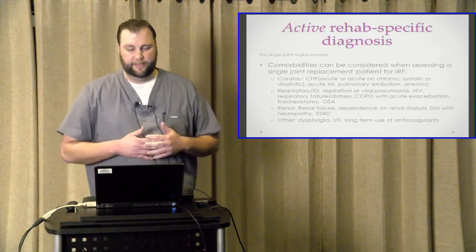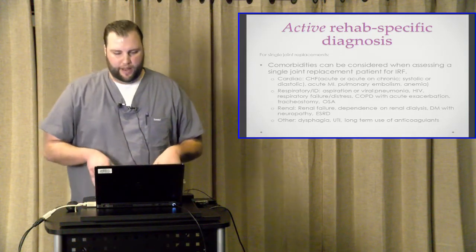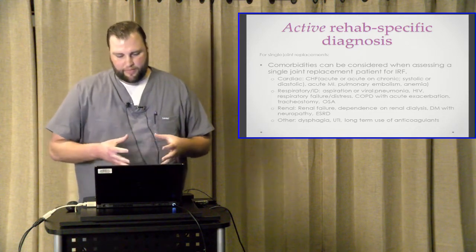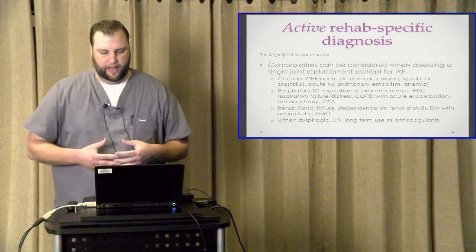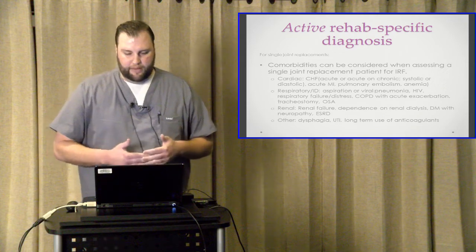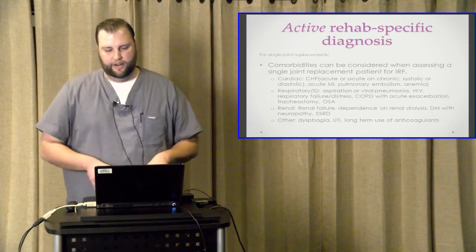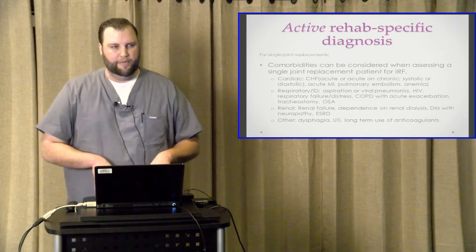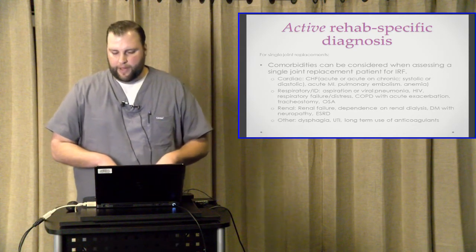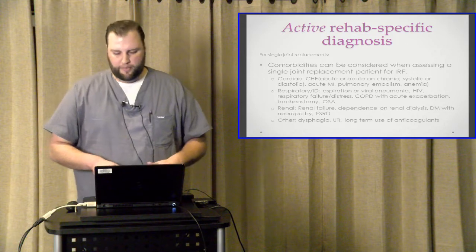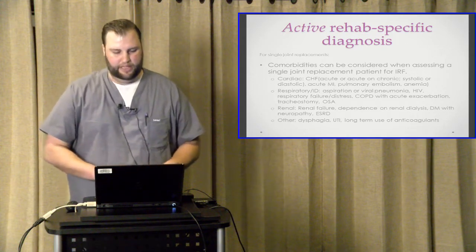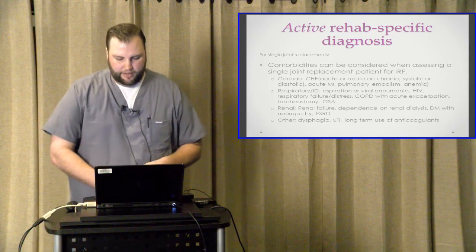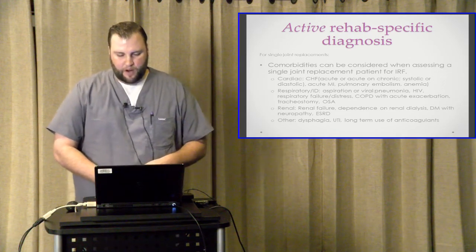For the patients who have had single joint replacements, the way we get them in the door is that we have to define a certain level of medical complexity to justify having the patient admitted, because part of the admission criteria is that they're going to be followed daily by at least a rehab provider, and we usually get hospitalist consults on pretty much all of our patients to help with these medical comorbidities. And this is a good list to reference.